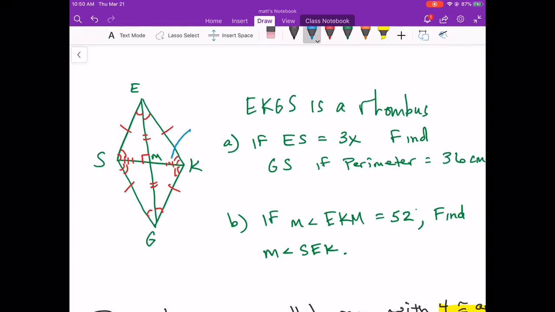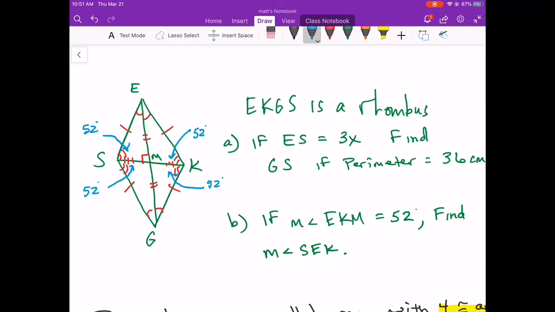EKM is this angle right here, 52 degrees. Well, I know automatically that this angle right here has to be 52. This angle right here has to be 52. And this angle right here has to be 52, because the diagonals bisect the opposite angles and opposite angles are congruent. So that's why all of those have to be 52 degrees.